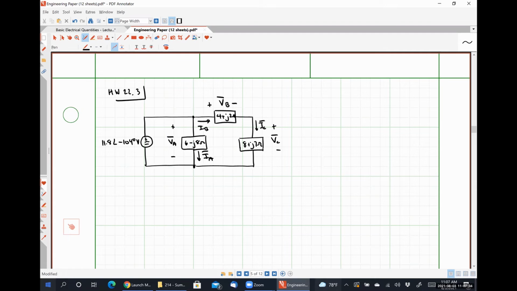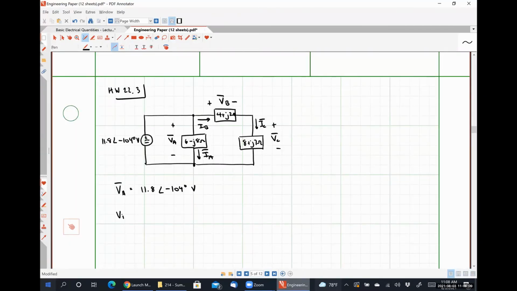Our 11.8 angle negative 104 degrees volts source is connected directly in parallel to that 6 minus J8 ohm impedance. So I would argue that VA is just 11.8 angle negative 104 degrees volts by inspection.